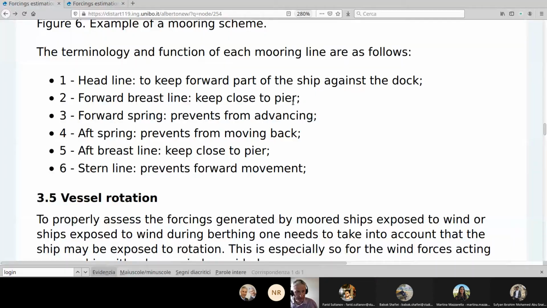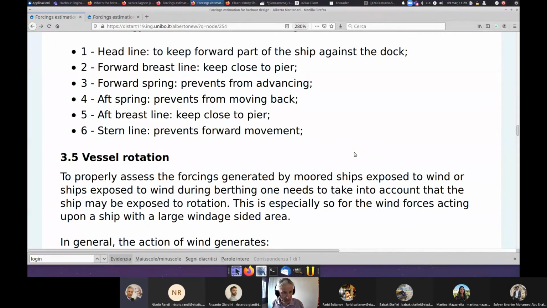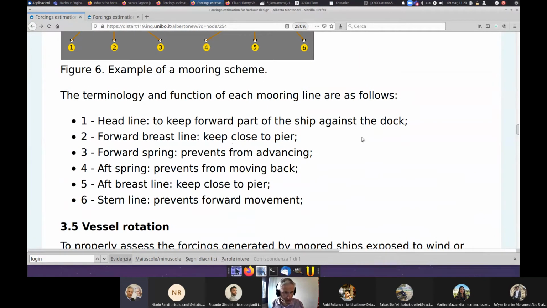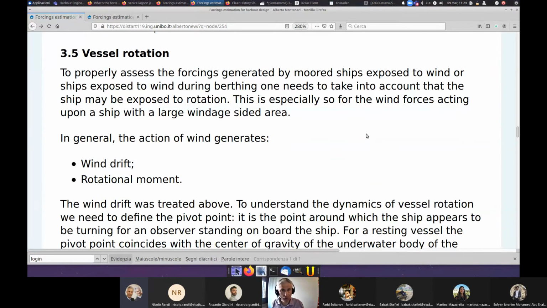Here I am with the screen, and we now have to talk about the rotation of ships. As I already mentioned to you, after wind forcing, we may get drift for the exposed ship, and we also may get a rotational moment.